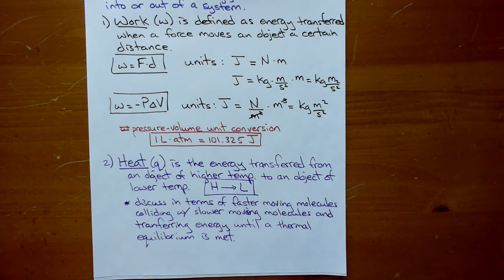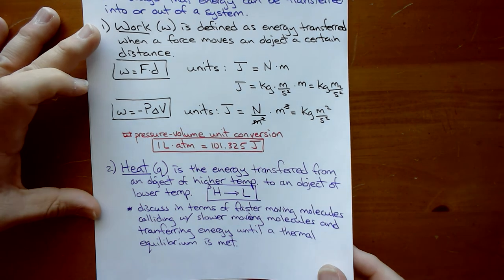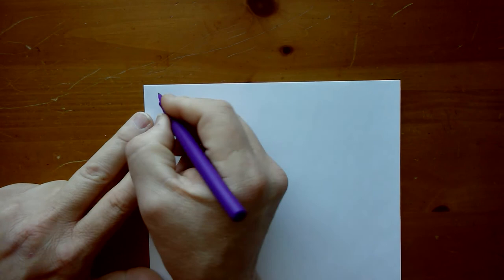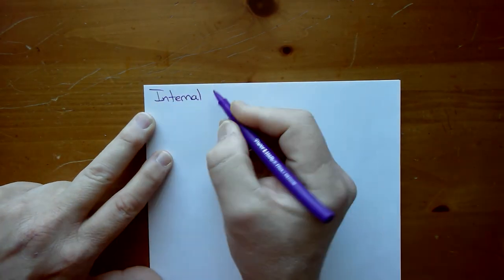Always high to low. Now, we need to talk about internal energy and energy leaving and entering a system. So, here's the two ways we can transfer energy. Now let's talk about internal energy and how we use that to determine if energy is transferred into or away from a system. So, let's do internal energy.